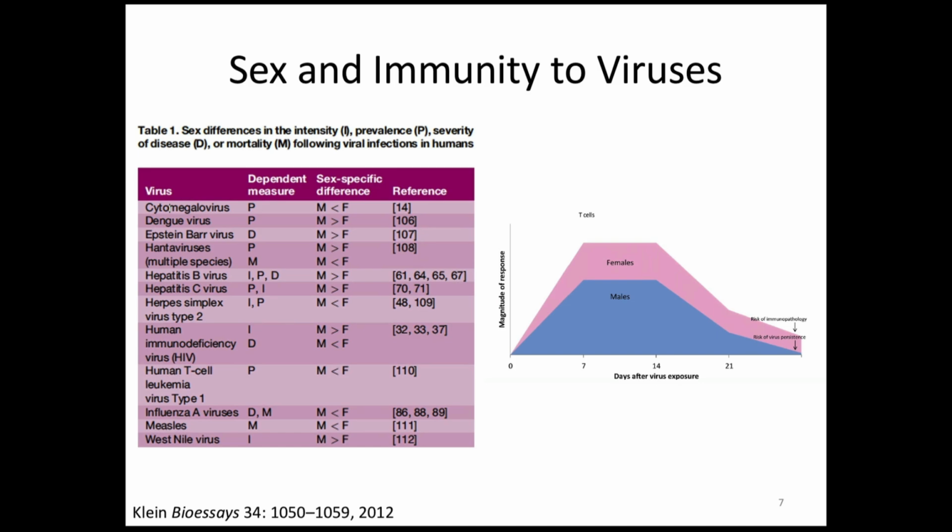In general, if we just look at immune responses to any antigen, any viral antigen, we see this pattern that is depicted on the left, where we often see that women have a much higher immune response than men do. So in general, the immune response that we see in women is a bit on the higher side. The immune response we see in men is on the lower side.